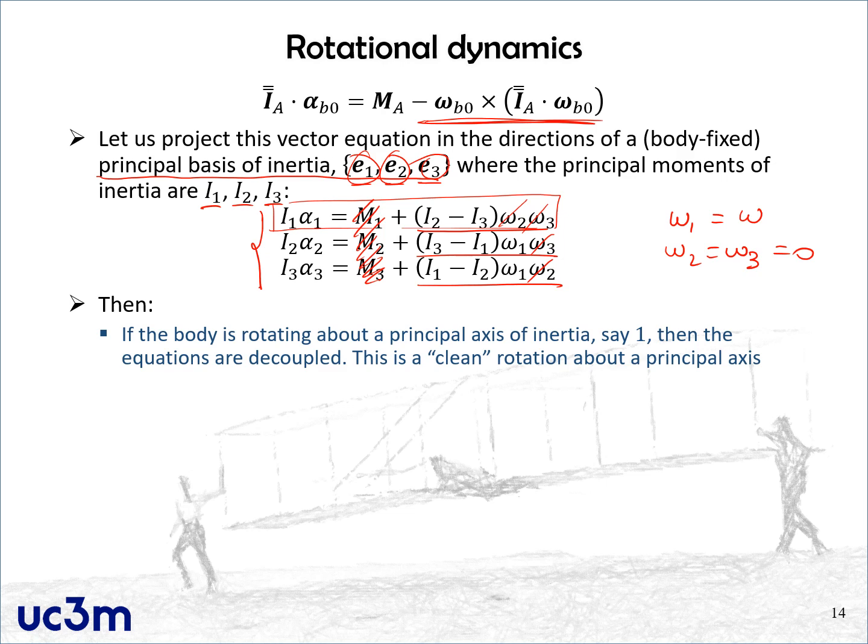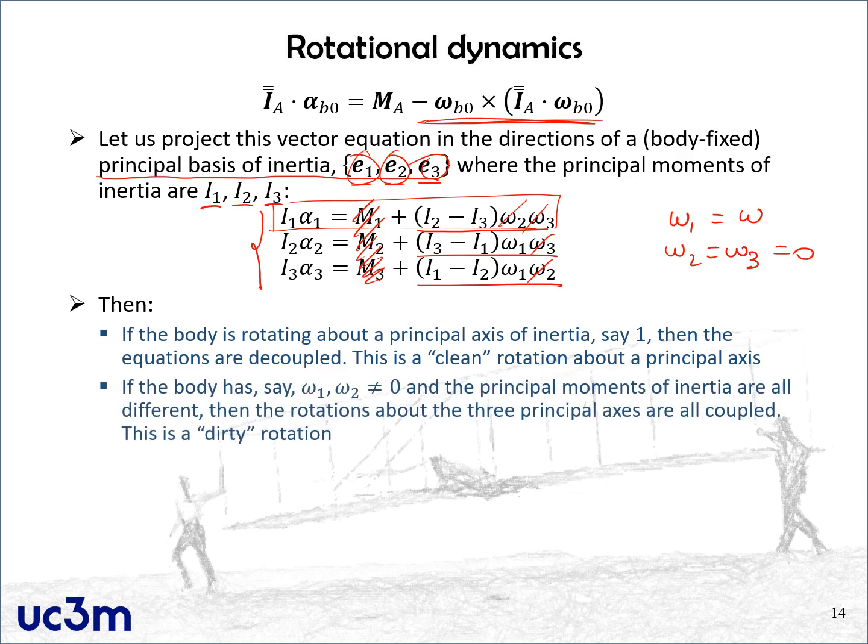However, when this is not the case, when at least two of the components of the angular velocity vector in the body axes are not zero, then we have a coupling between the different equations, and the coupling appears in these terms, as you can see.